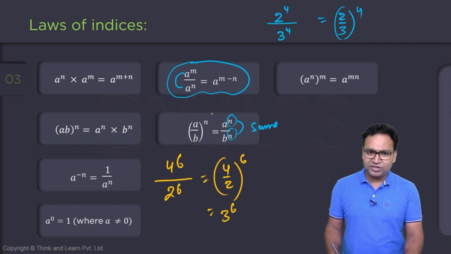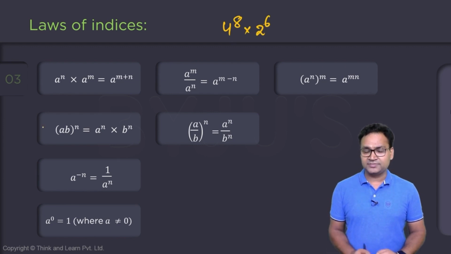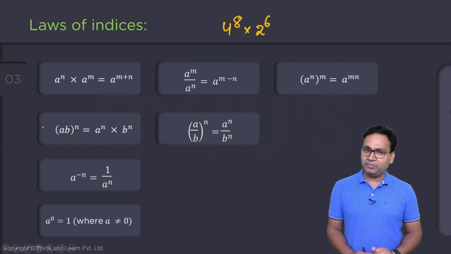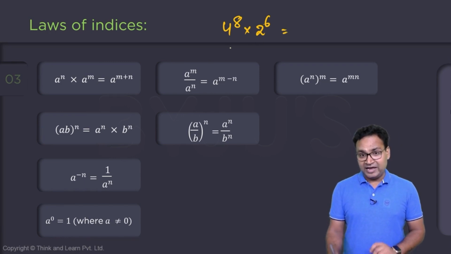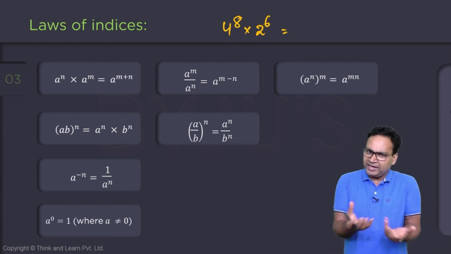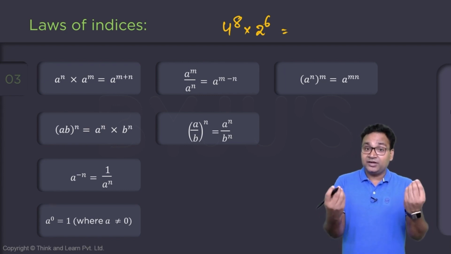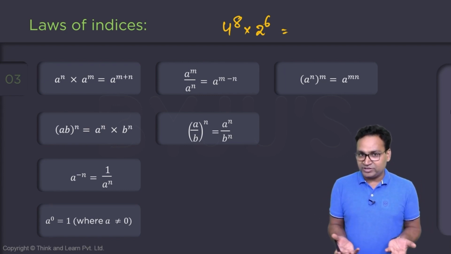Let me give you one more example. For example, you are multiplying 4 power 8 with 2 power 6. What to do? Neither the bases nor the powers are the same. So what to do here? I will try to make either the power the same or the base the same, whichever is convenient or whichever is required by the question.